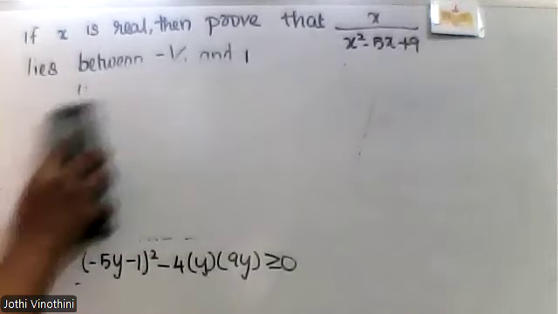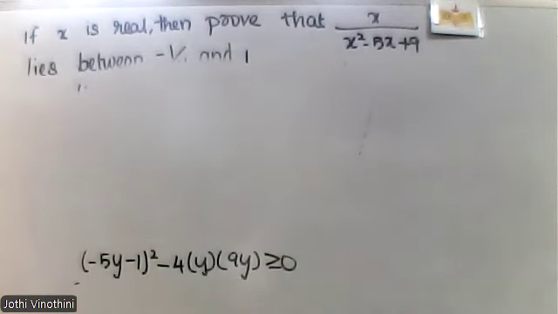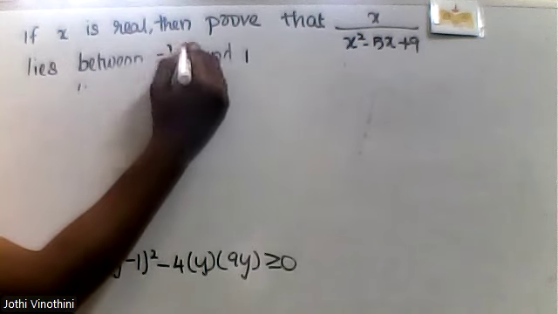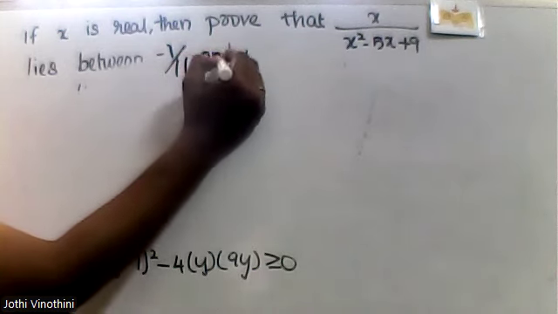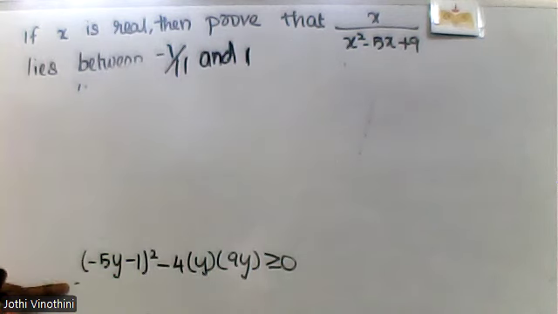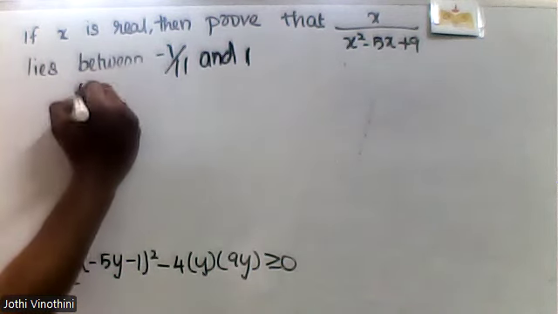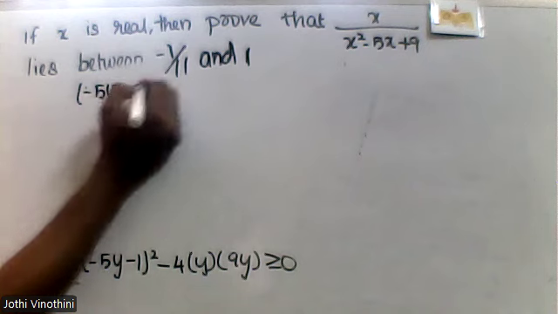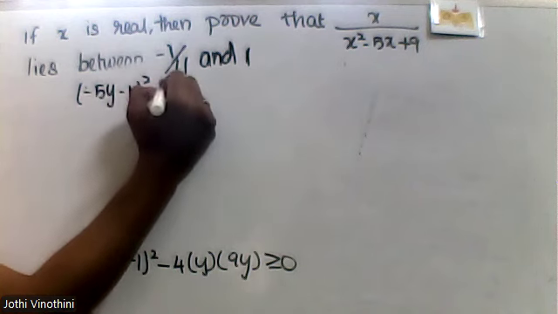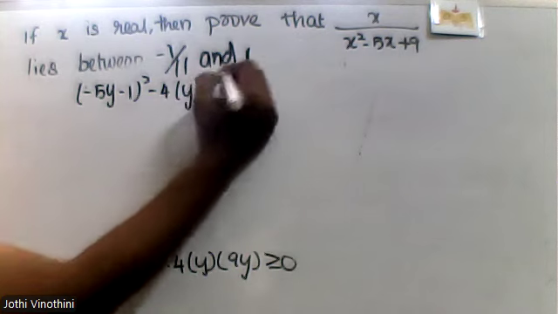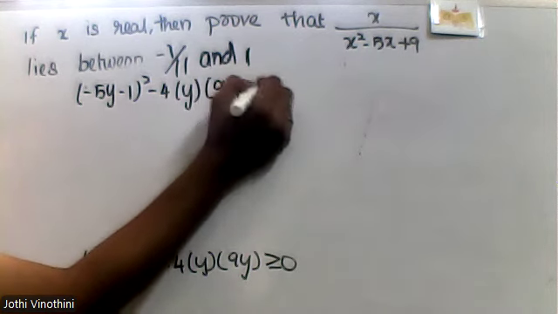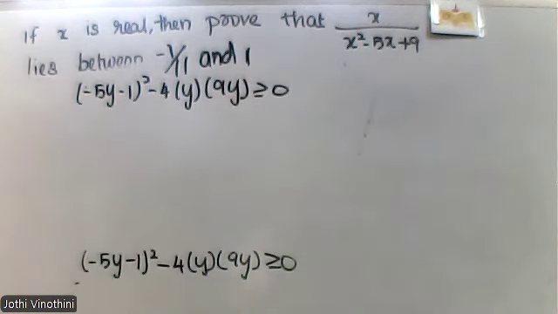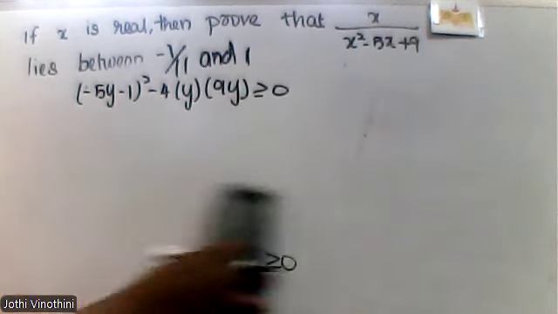So what we find up to is (minus 5y minus 1) the whole squared minus 4 multiplied by y multiplied by 9y must be greater than or equal to 0.